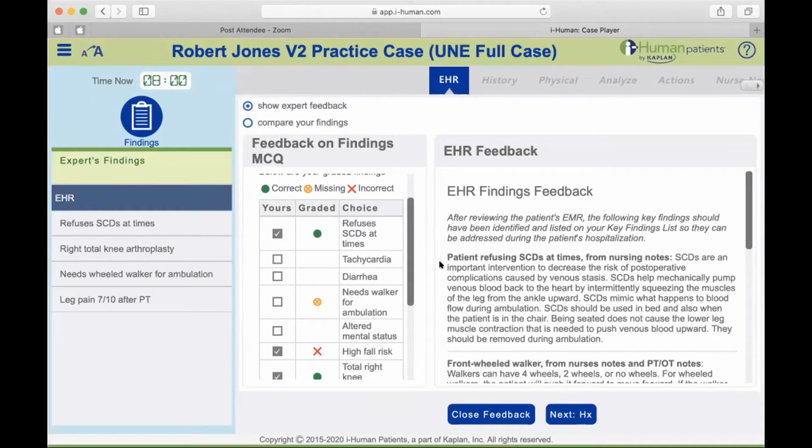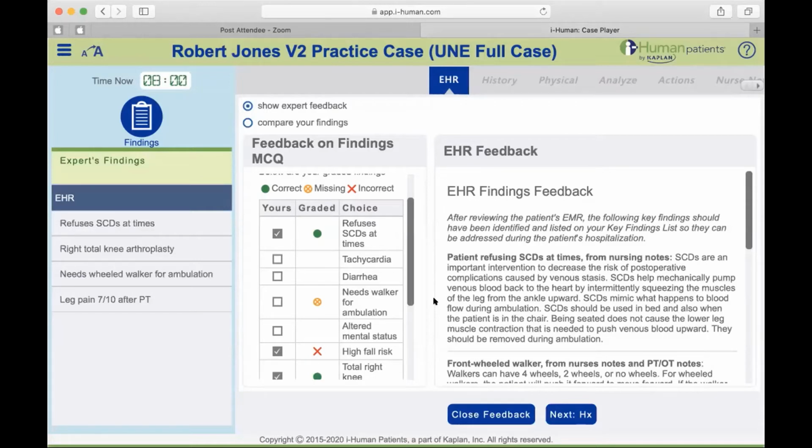So for each of the key findings, the expert provides the finding as well as where it was located within the electronic health record and information. Now, the information might be content information to provide a foundation for making decisions, but there's also application there as well. Why is that patient refusing SCDs pertinent to Robert's case? So this becomes important in terms of the student's learning.